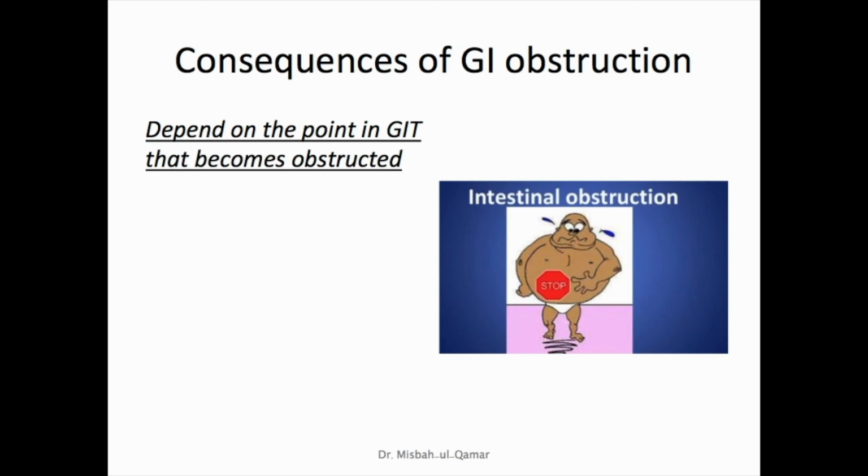If the obstruction is near the distal end of large intestine, feces would accumulate in colon and cause intense constipation. Severe vomiting leads to dehydration, which could worsen into circulatory shock, and sometimes a rupture of intestine is observed.